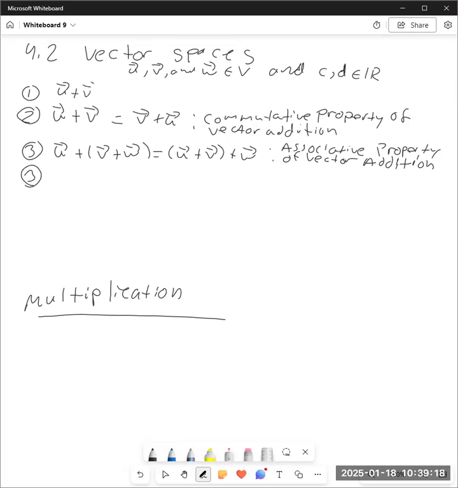U plus V is in V, which is called closure under vector addition. Addition properties here.